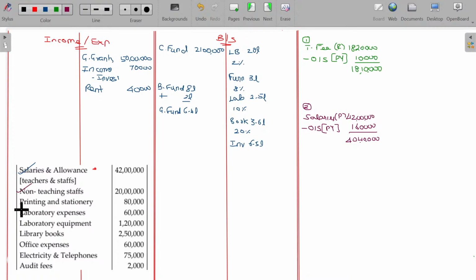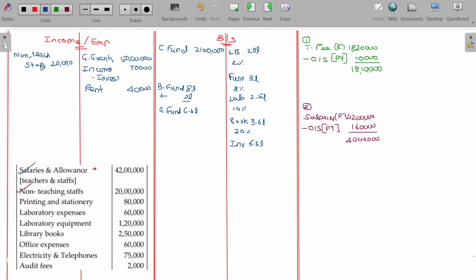Non-teaching staff, 20 lakhs. Expenses for non-teaching staff. The payment made for the non-teaching staff is 20 lakhs.